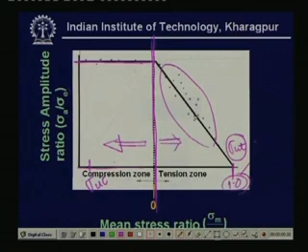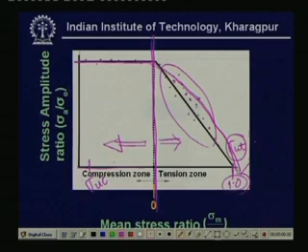So, what has been done is that through this data point one can consider some sort of mean line.